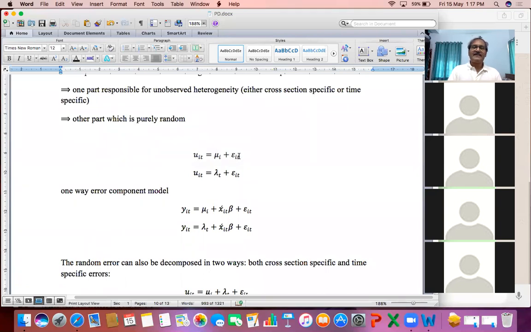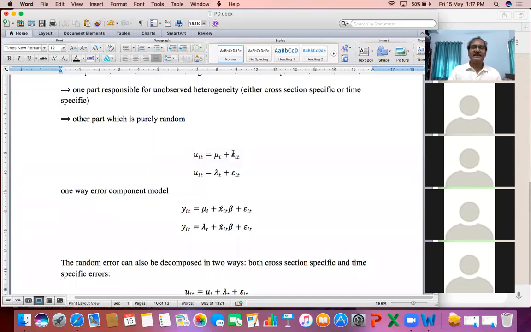The second part is purely random, epsilon it, and the first part is unobserved and varies across the cross-section. In the second formulation, again the second part is purely random and the first part is unobserved and varies over the time period. So what is the justification for decomposing the total error in this way?